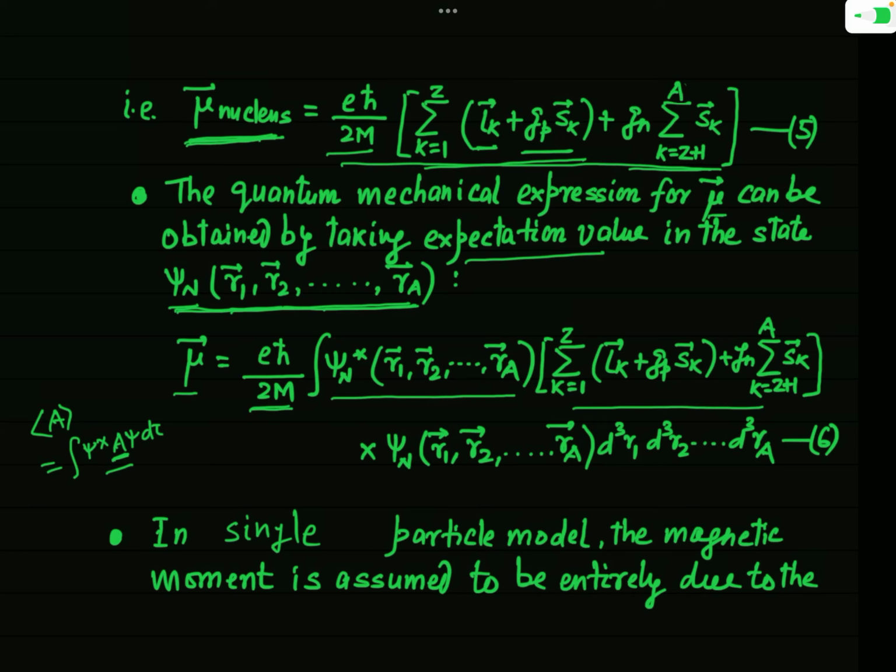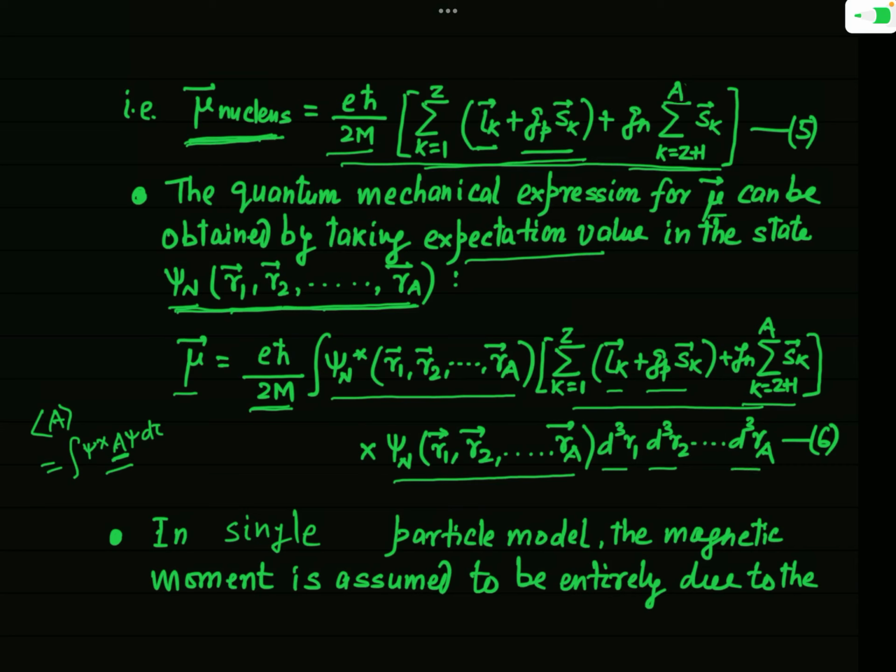And this is summation over k from 1 to z lk plus gp sk plus gn summation over k from z plus 1 to a sk, and again psi, so this is psi n r1 r2 ra. Since this psi n is a function of a independent variables, I have written the volume element like this, d3r1 d3r2 and so on to d3ra.